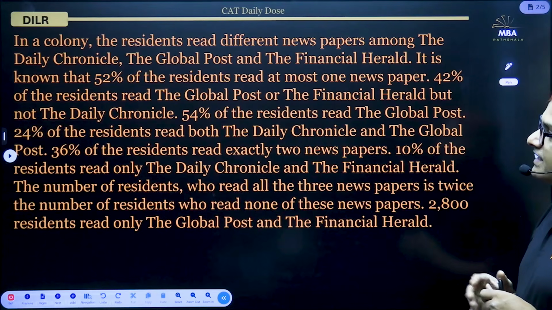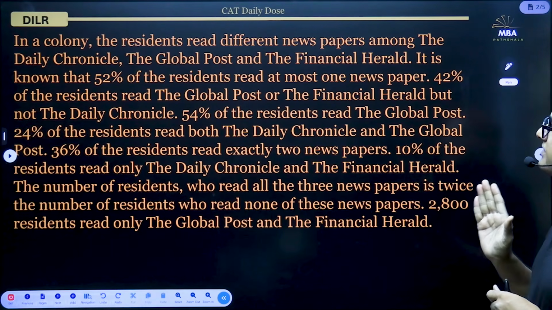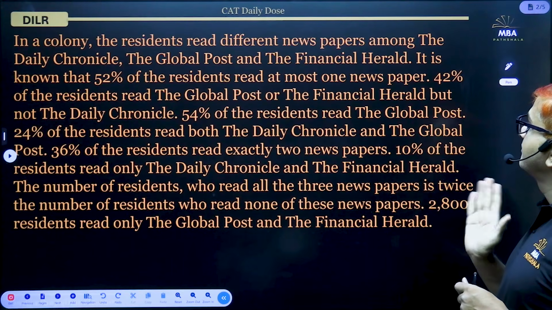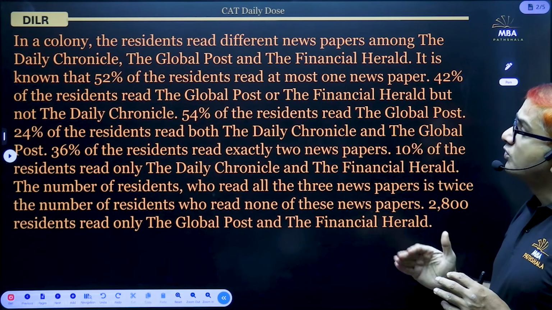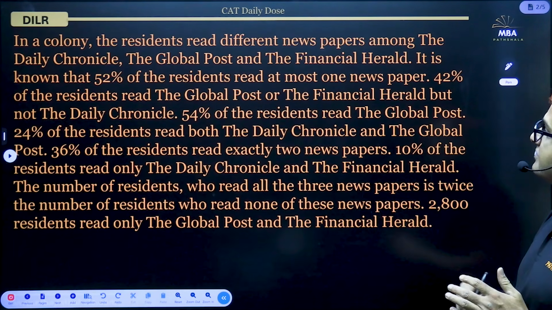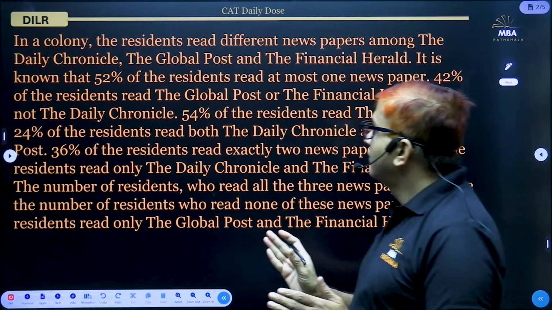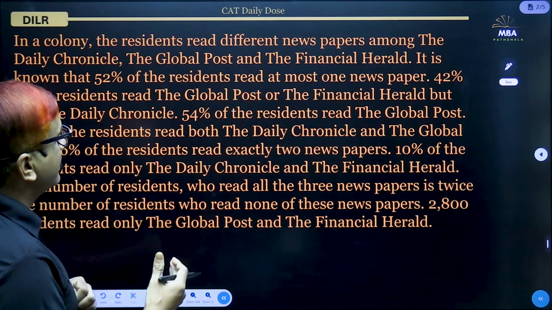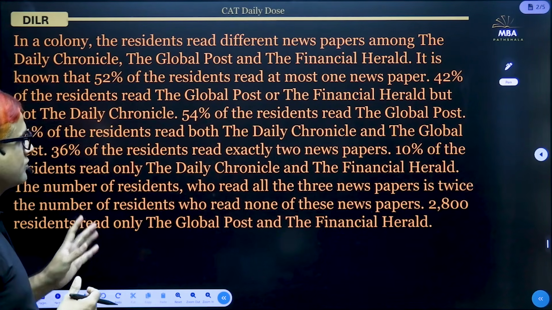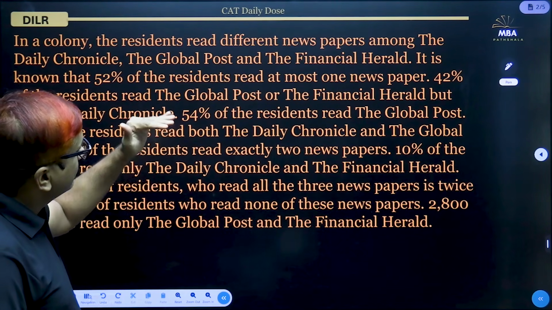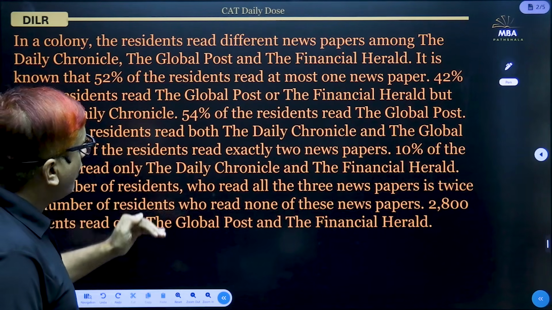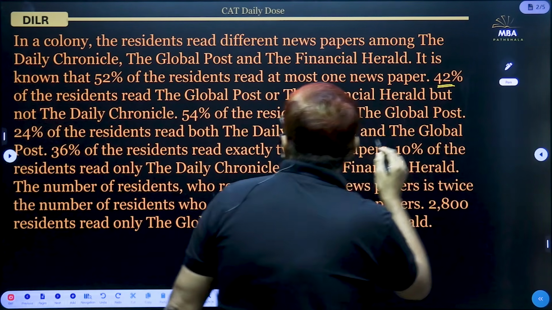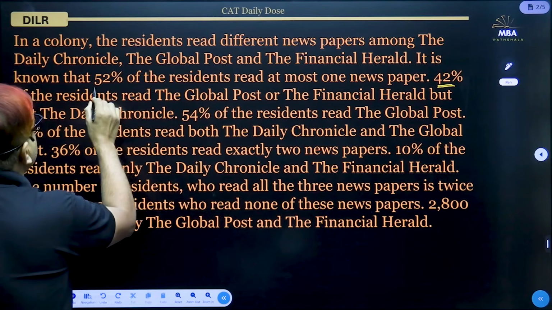Here we are given that in a colony, the residents read different newspapers among the Daily Chronicle, the Global Post and the Financial Herald. It is known that 52% of the residents read at most one newspaper, 42% of the residents read the Global Post or the Financial Herald, but not the Daily Chronicle and so on. So we can see in this whole paragraph, almost all of the things are given in terms of percentage.